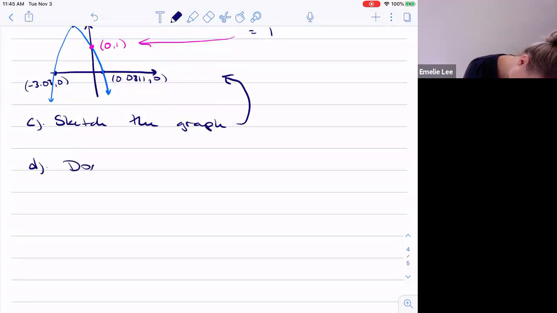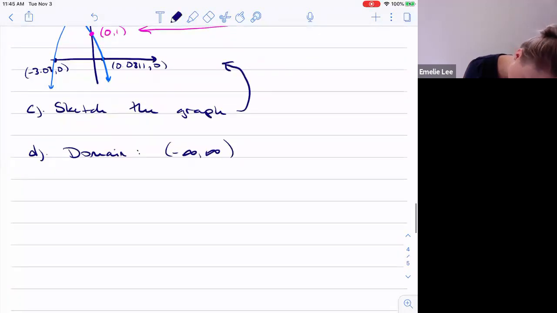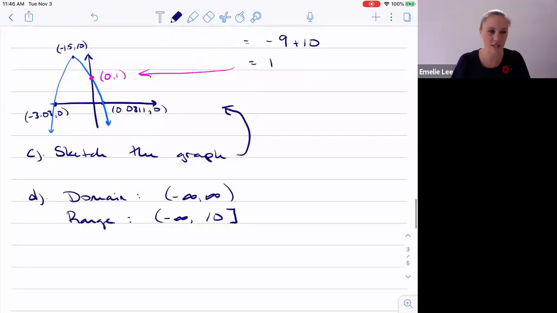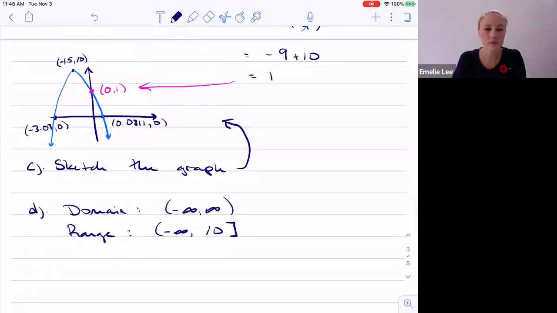So D, the domain, is from negative infinity to positive infinity, and the range we said was from negative infinity up to and including 10. You want to confirm this using Desmos, and make sure that all the things you found here are the same as what you find in Desmos.